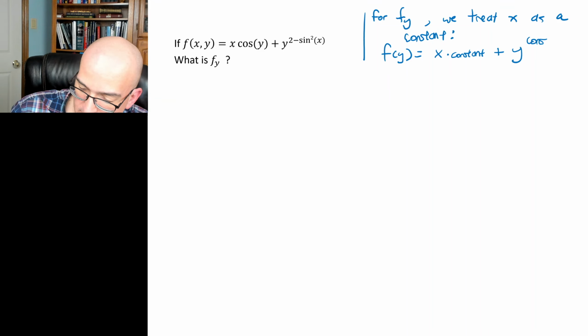If x is a constant, sine squared x is a constant too. And so is 2 minus sine squared x. All that stuff is a big constant as far as the y derivative is concerned. If we take the derivative with respect to y, we'll get 1. Oh, never mind, not x times a constant. I screwed that up. It's constant times cos y.